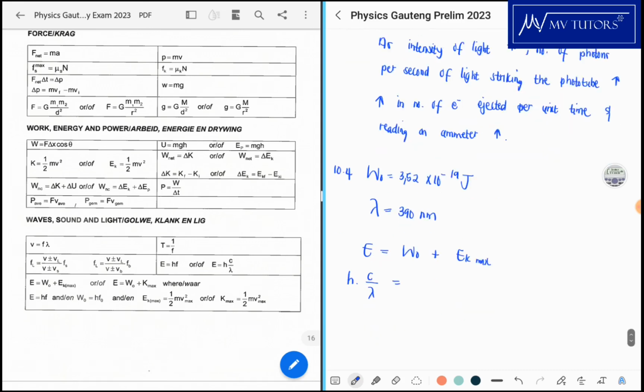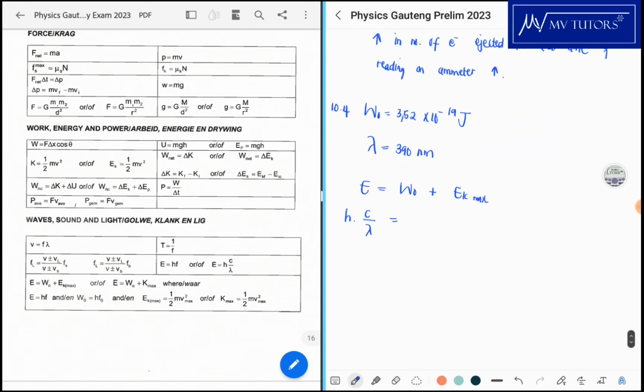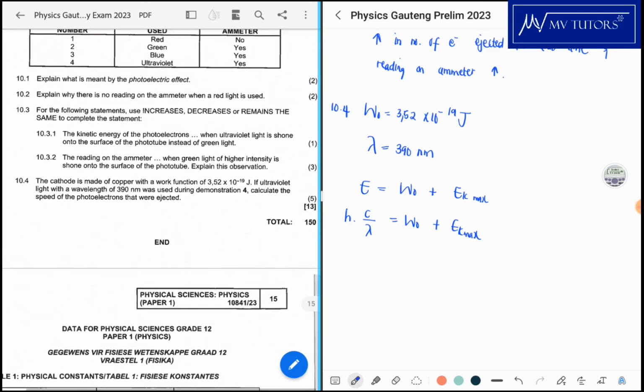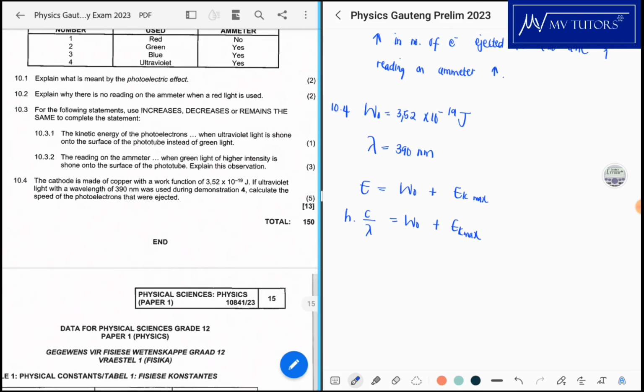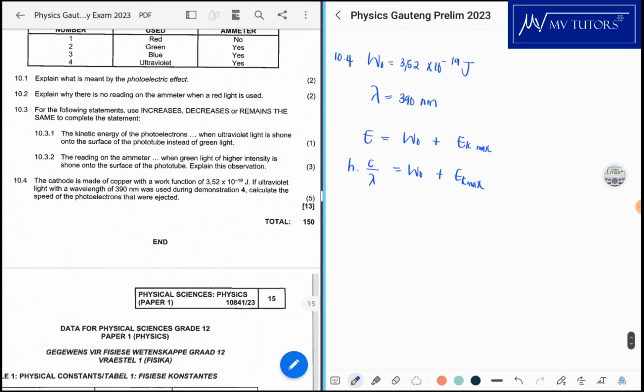We have our work function there. We're going to substitute everything together. Let's go back to the question to make sure we're answering it. So calculate the speed. We're looking for EK max at this point, which will eventually give us v.